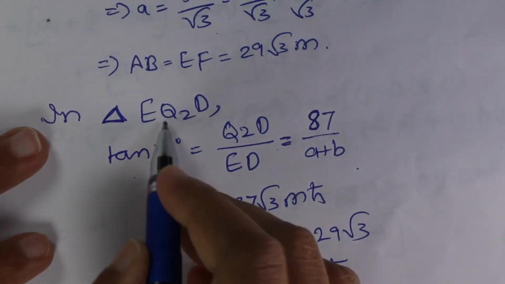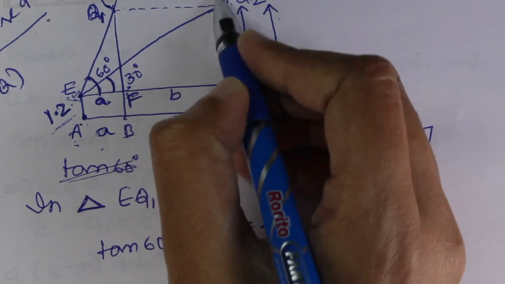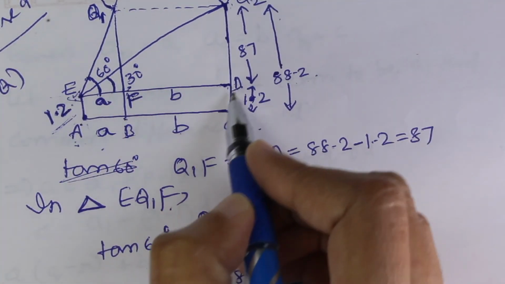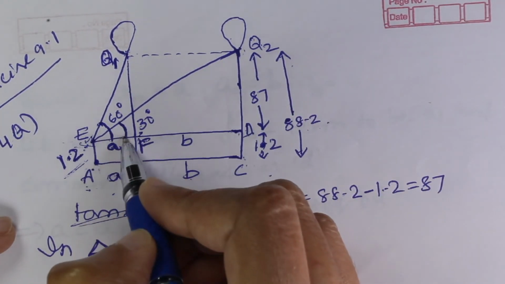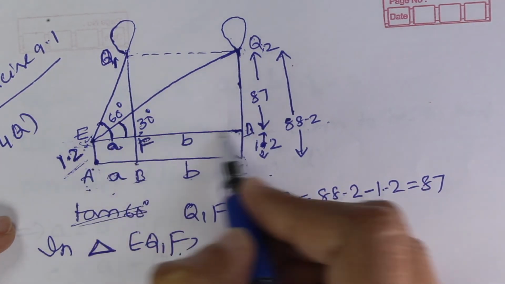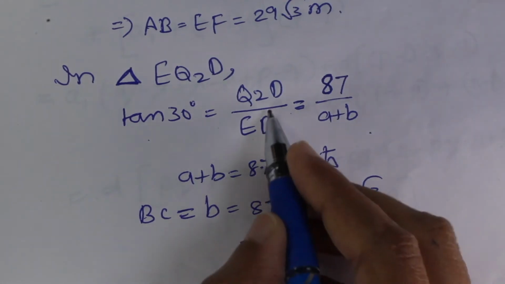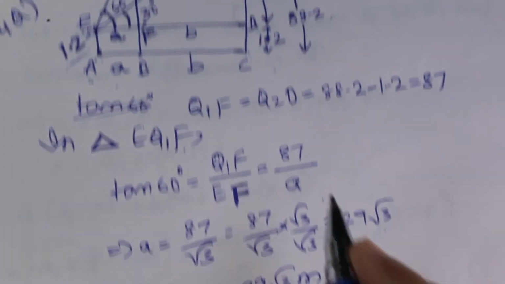Now in triangle EQ2D, that is this triangle, tan 30 degrees becomes Q2D divided by ED. We know Q2D is 87 meters.